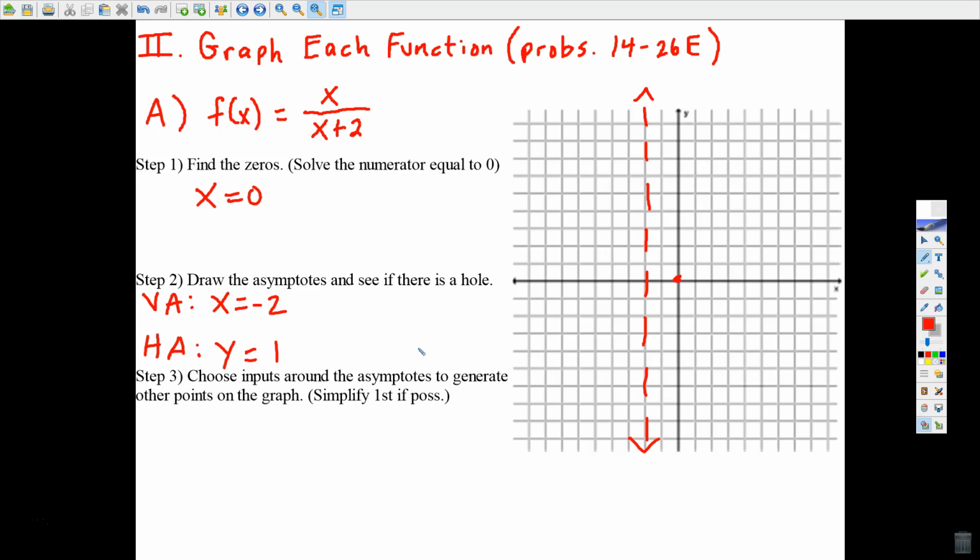What about the degrees tells you to do that? Degrees are equal. They are the same. Remember in your notes yesterday, I said if the degrees are the same, and in this case they are, they're both 1, then you just make a fraction using the numbers in front. I call them the lead coefficients. And 1 over 1 is 1. So we're going to draw a horizontal line, y equals 1.